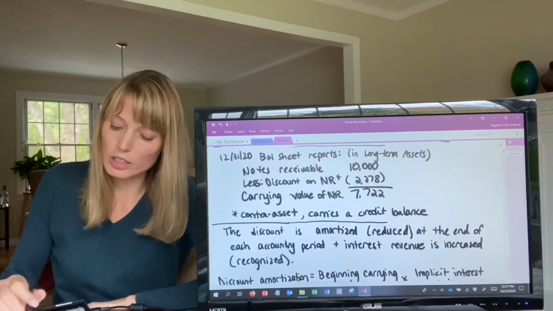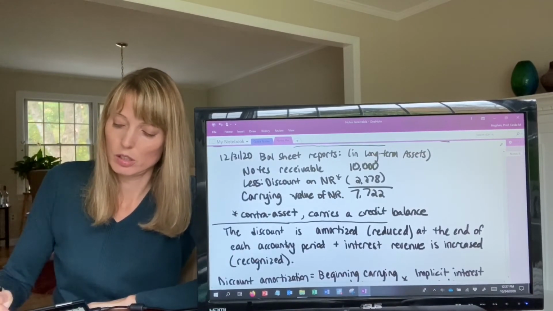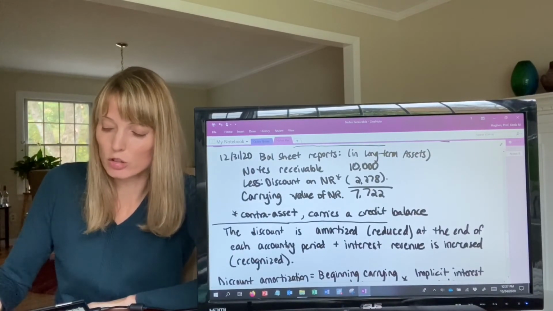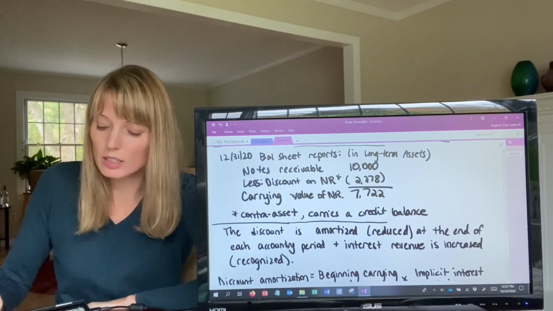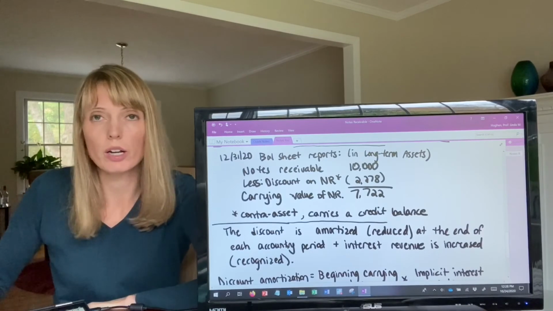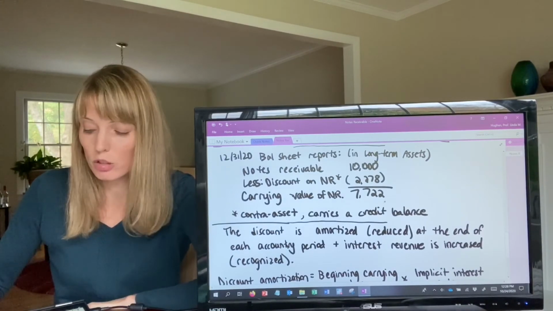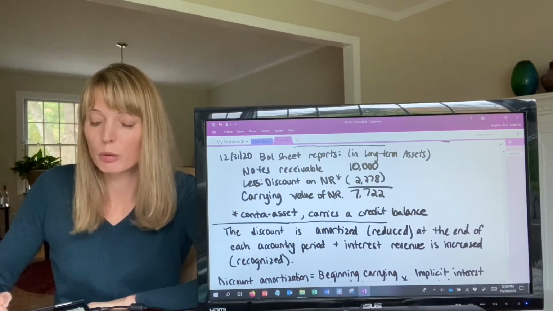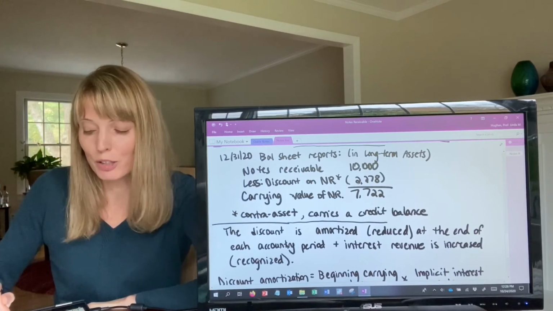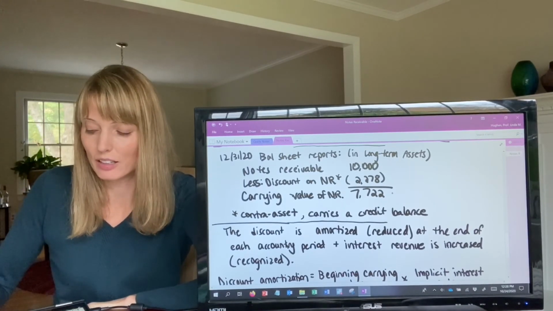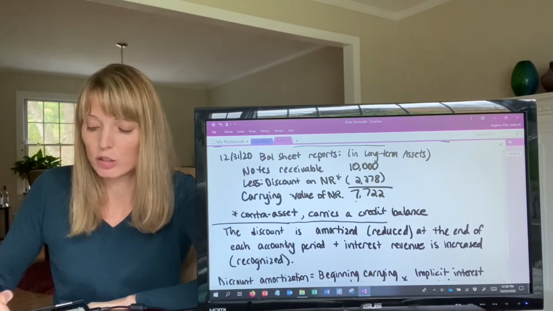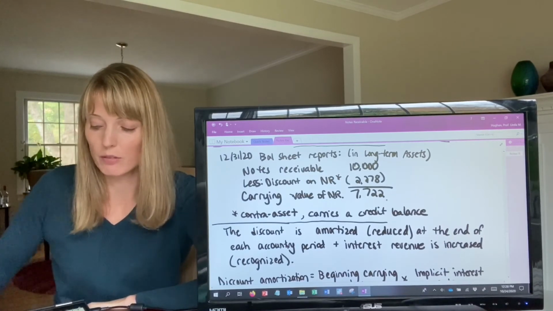We decreased the discount. So we took $22.78 and subtracted the $695 from it. We decreased the discount. So what happens to the carrying value? Is it going to go up or down? Well, when we decrease a negative number, what we're doing is we're adding. We're going to add $695 to the previous carrying value of $77.22.